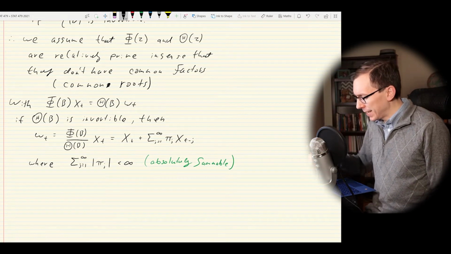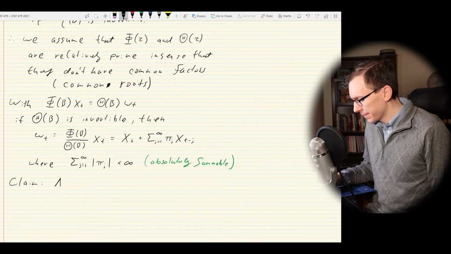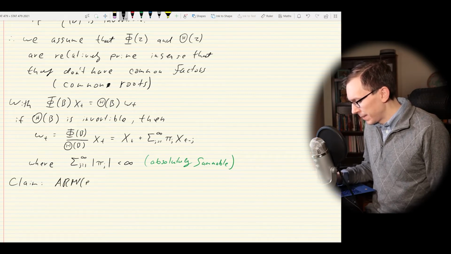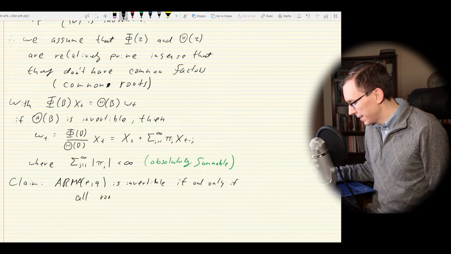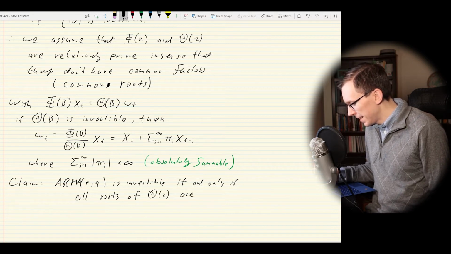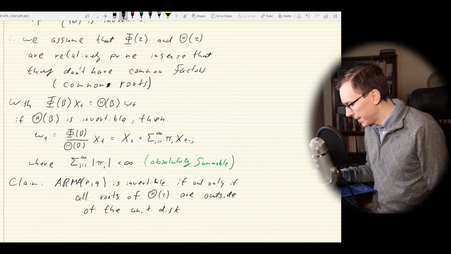So once again, we make the claim that basically the ARMA(p,q) is invertible, and this is if and only if all roots of theta of z are outside of the unit disk.